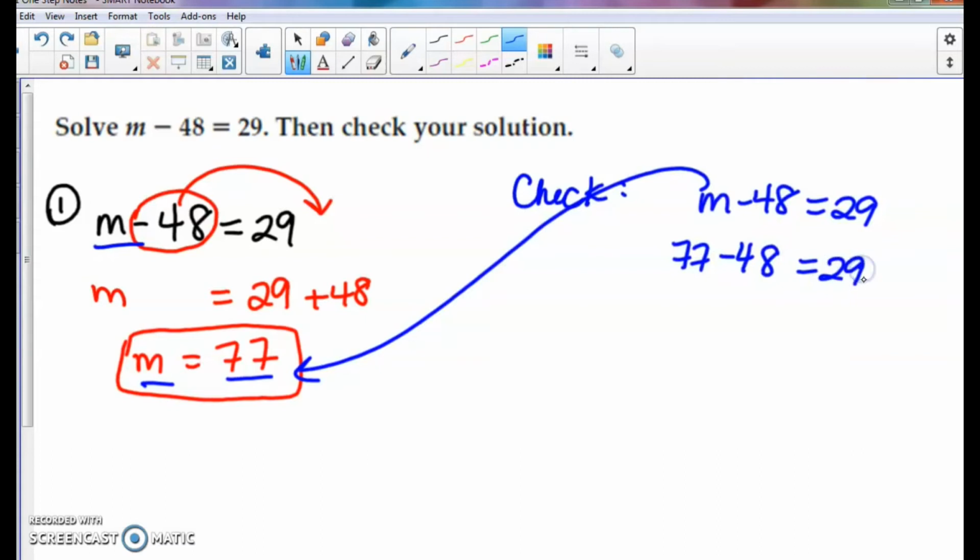You can punch that into the calculator or subtract it in your head, and we get 29 equals 29. And that's true. That's nice and balanced, so that does check. I always think about it like a balancing board. As long as it's the same on each side of the equation, we're good.